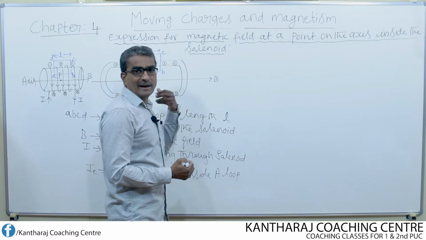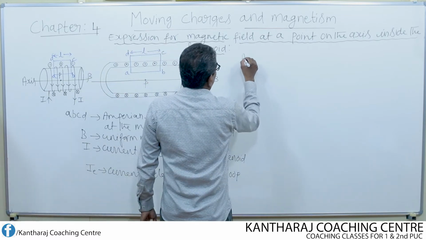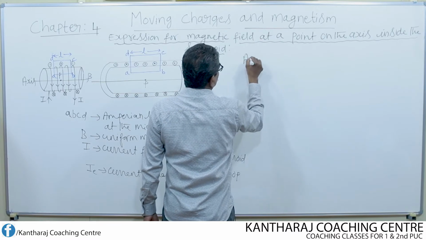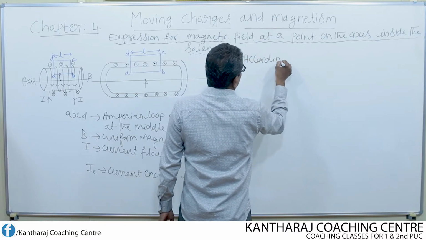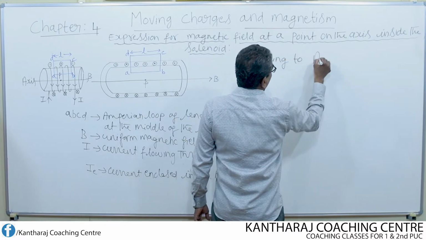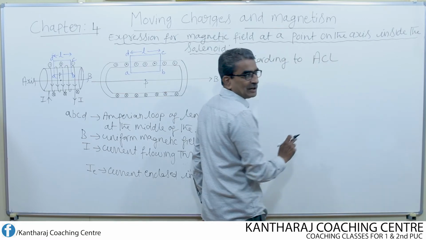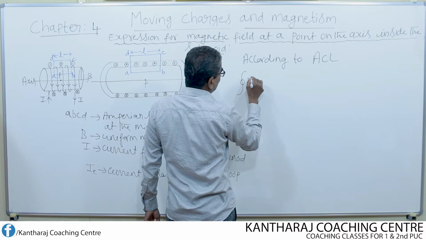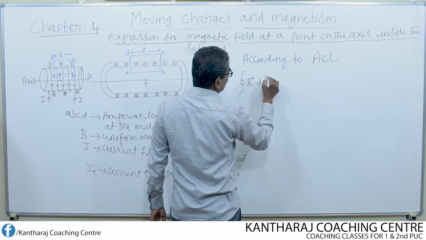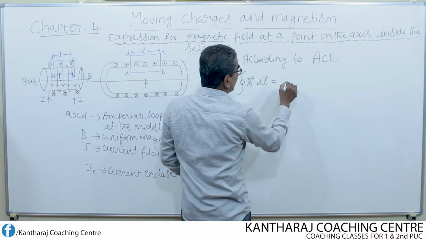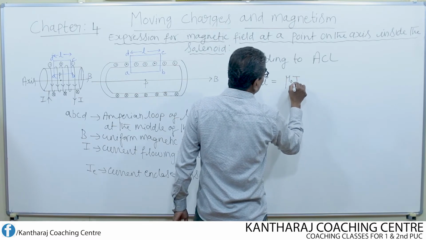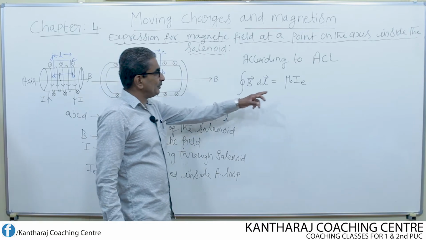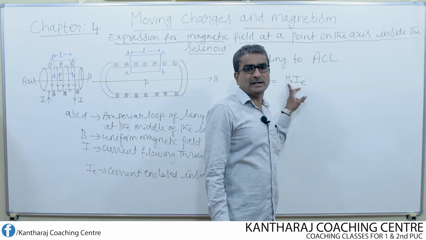Now let us use Ampere's circuital law. According to Ampere's circuital law, I write it in a short form. The line integral of the magnetic field, that means B dot dl, is equal to mu naught times the total current enclosed within the Amperian loop, where mu naught is the absolute permeability.